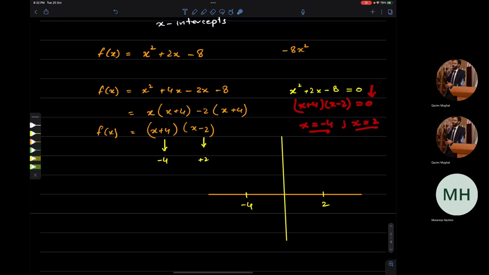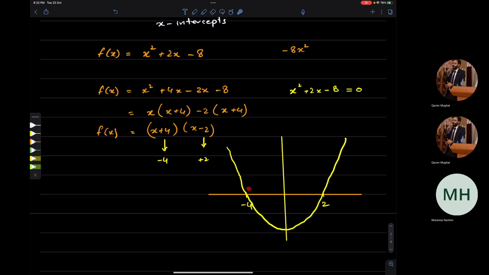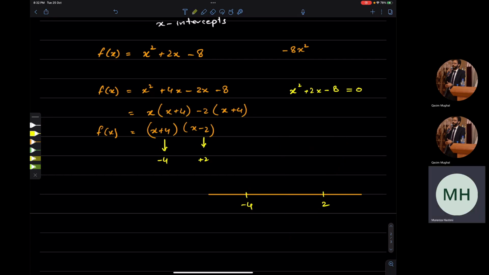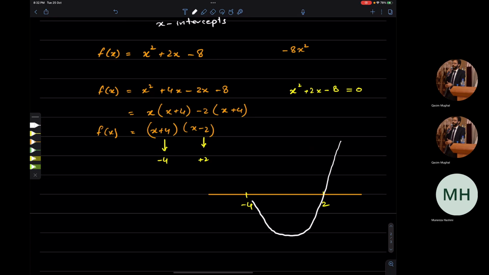That's what we mean here: this is the solution when y is 0, on the x-axis where the value of y is 0. These are the two roots, -4 and +2. So for now, the only important thing is to understand that the graph is going to cut through positive 2 and negative 4. Is this clear?